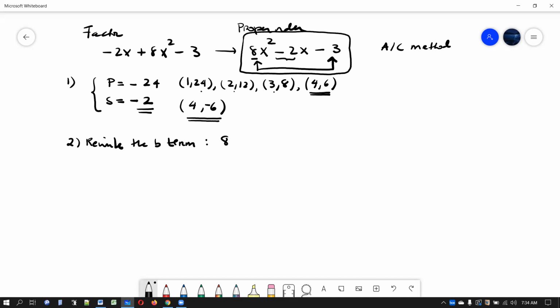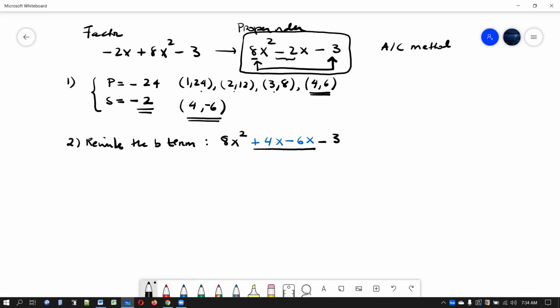I am going to rewrite 8x squared. Instead of writing negative 2x, I am going to write plus 4x minus 6x minus 3. Notice that plus 4x minus 6x is exactly negative 2x.